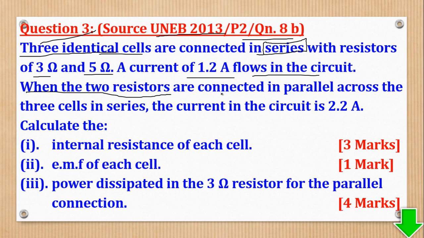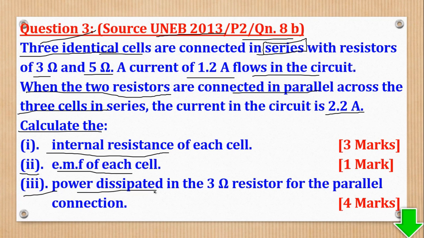When the two resistors are connected in parallel across the three cells in series, the current in the circuit is 2.2 amp. Calculate Roman 1 the internal resistance of each cell, Roman 2 the E.M.F of each cell, and Roman 3 the power dissipated in the 3 ohm resistor for the parallel connection.